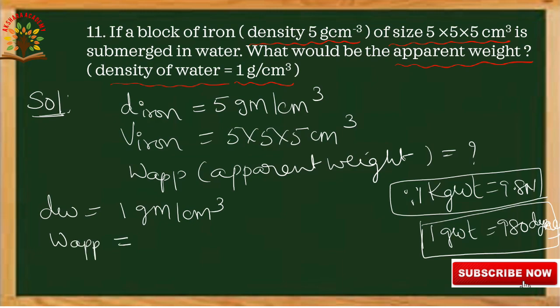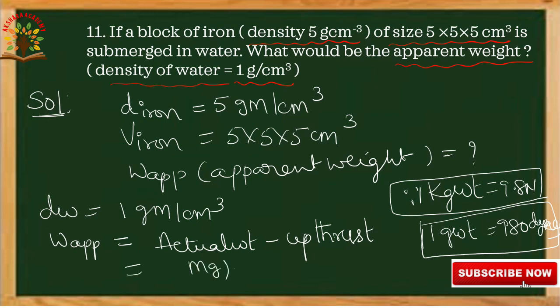Now we are writing the apparent weight. W apparent is equal to actual weight minus upthrust. Actual weight is nothing but m g of B, that is the body, here a block of iron, minus m g of L, that is the liquid.